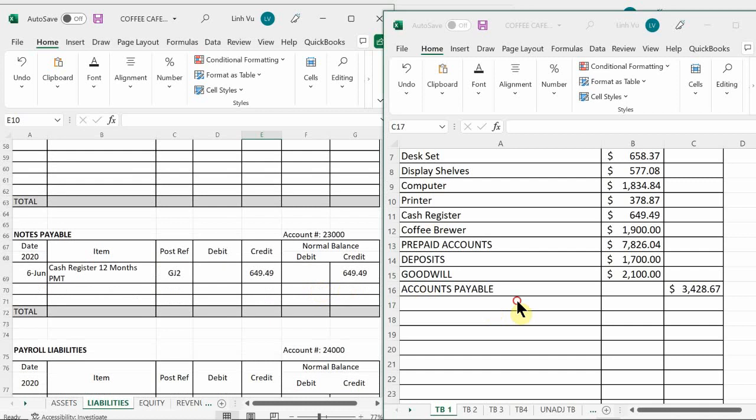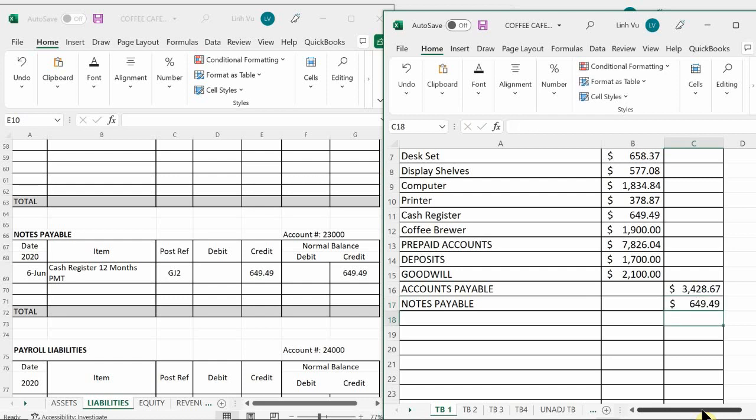And notes payable is going to be our last account. How much is my balance for my notes payable? $649.49.